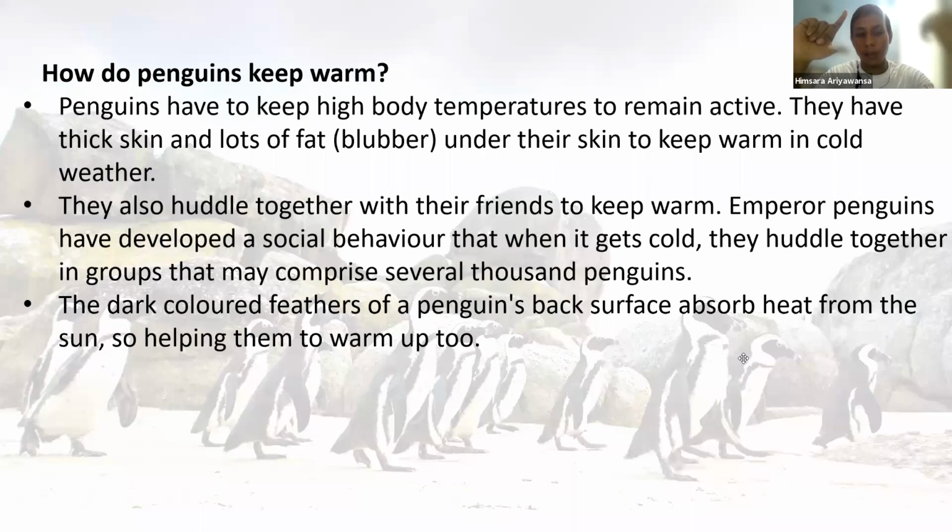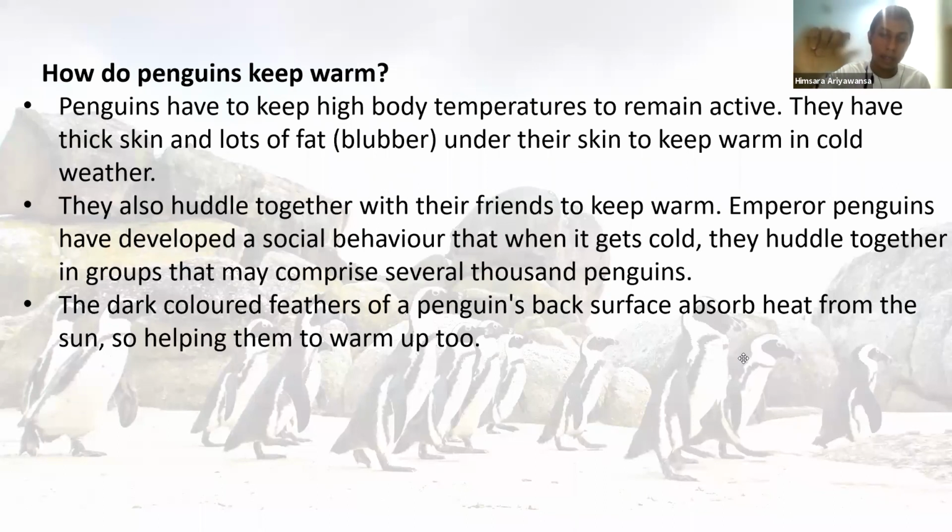The white and black. So black color has the ability to absorb heat from the sun. So they use this to keep them warm. So dark colored feathers of the penguins, black surface absorb heat from the sun, so that helps them to warm up too. So there are three adaptations in their body to keep them warm.